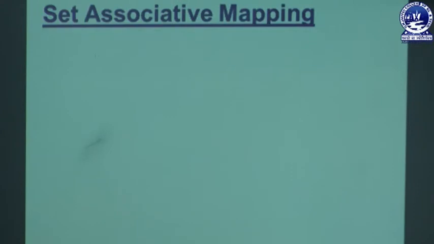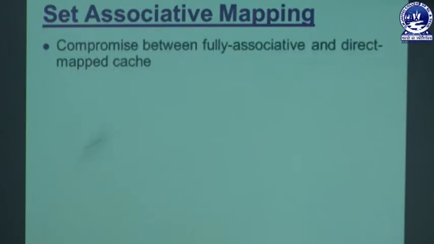So let us go to the details of the set associative mapping technique. The next one is set associative mapping. It is a combination of fully associative and direct mapped cache, because to implement set associative mapping, we use both techniques.